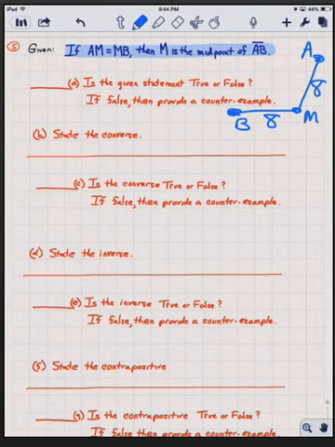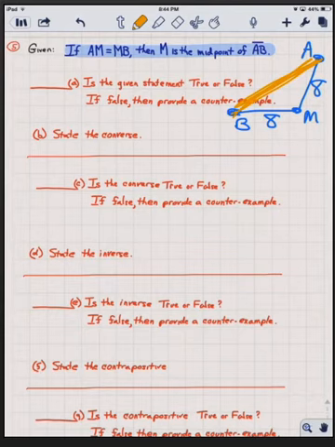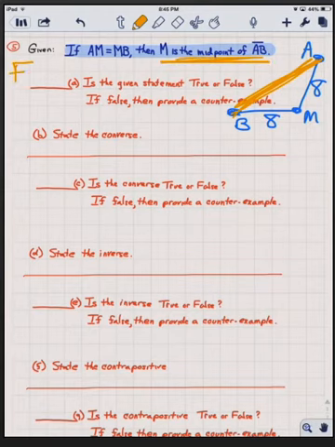Is point M the midpoint of segment AB? Well, segment AB is this orange segment. Point M is not even on that segment. So therefore, point M is the midpoint of segment AB is a false conclusion. It's an inaccurate conclusion. So the statement is false. Just because the distances are equal doesn't make point M the midpoint. So we state false, and we provided a counterexample, the diagram over on the right.